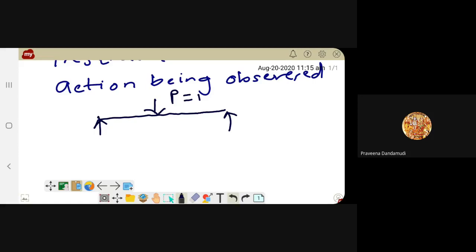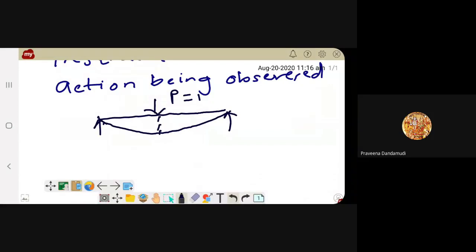After applying the unit force, this particular beam is deflected like this. This is the deflected profile, exactly present below the load. Okay, this is the delta deflection. We'll consider this as delta, and this delta is nothing but the force.